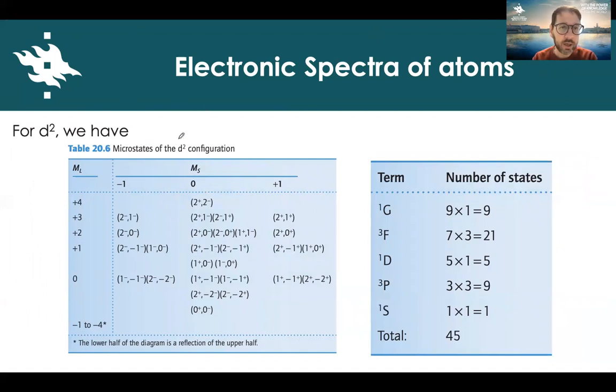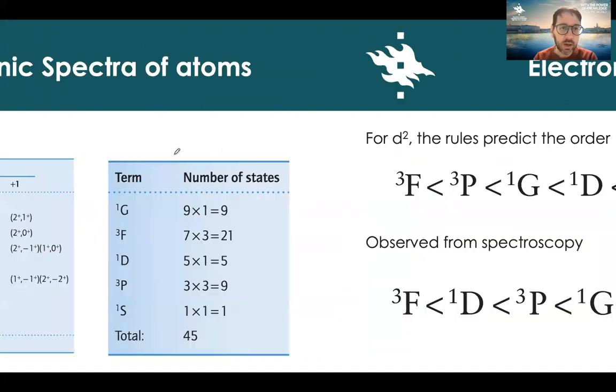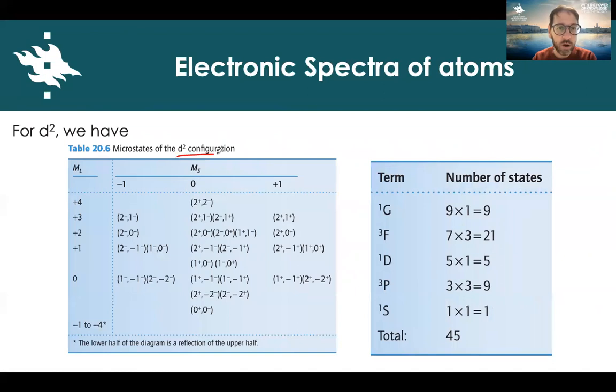So if we have a d2 configuration, we can have all these microstates present in this table for L equal to 0, 1, 2, 3, and 4, for example, and for the different values of MS. Here is the total spin, and here the total value of the orbital angular momentum.